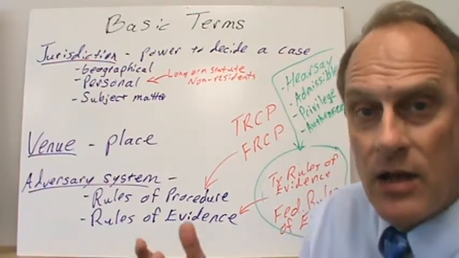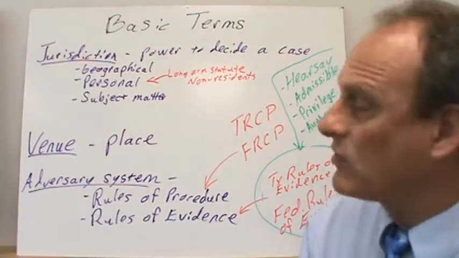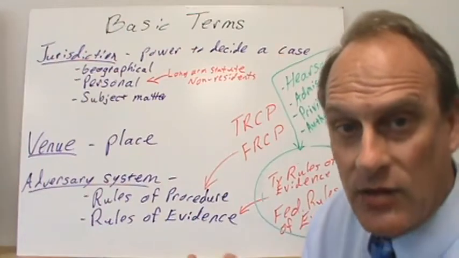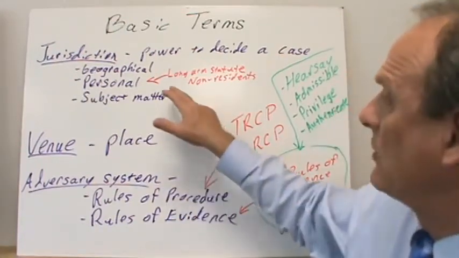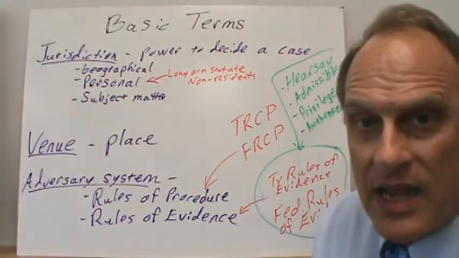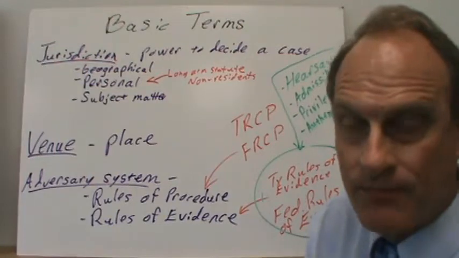But what about a plaintiff suing a non-resident? Well, sometimes that is allowed, and that's where we have things called long-arm statutes, laws that say when a non-resident is subject to the jurisdiction of a court.